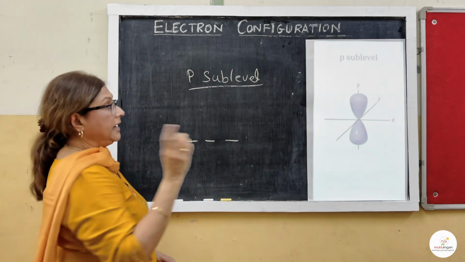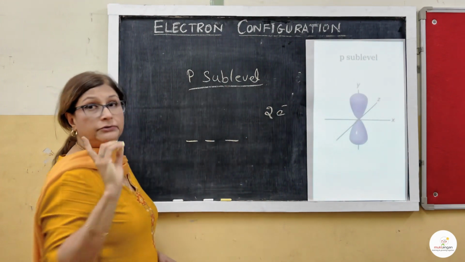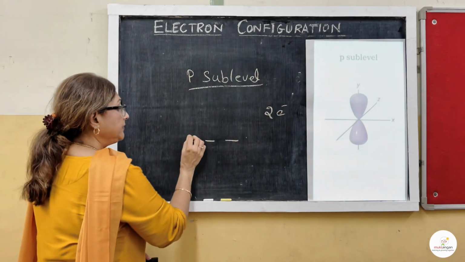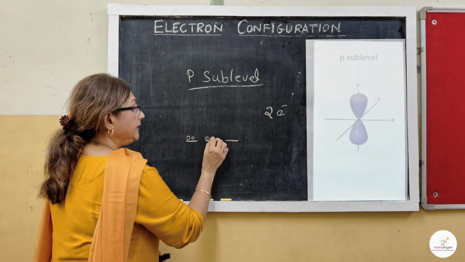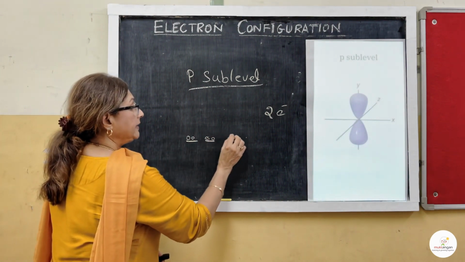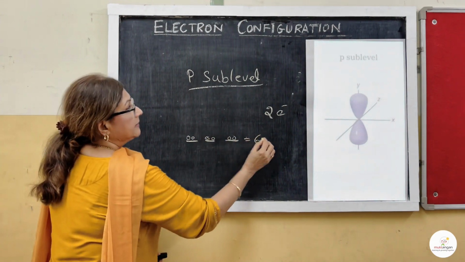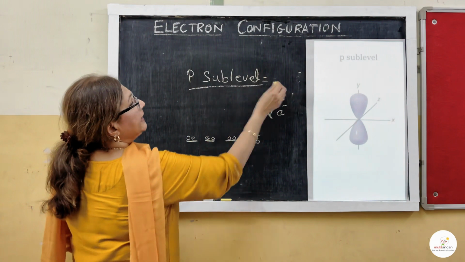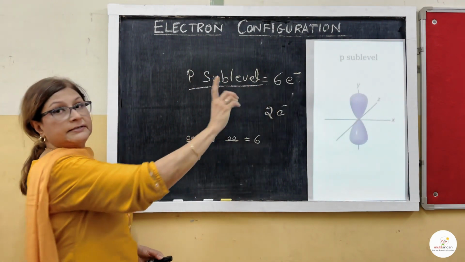And remember, how many electrons does each orbital hold? 2 electrons. So 2 will be here, a maximum of 2, that is. 2 will be here and 2 will be here. So 2 plus 2 plus 2 is 6. So in total, sublevel p can hold up to 6 electrons.